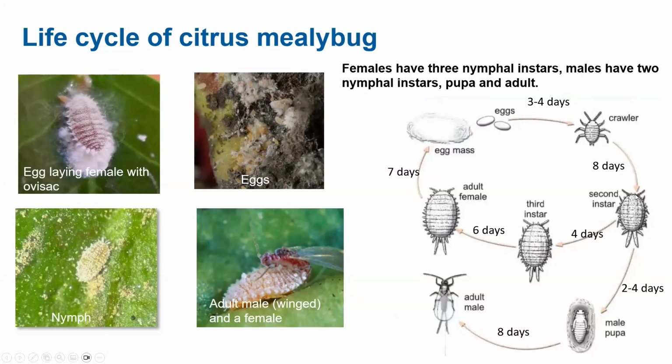Males, on the other hand, after they turn into second instar, make a loose cocoon and go through a short prepupal phase and then pupate and emerge as adults and find a female and mate. It's the third instar that gets mated, and only after that does it become an adult female and start producing eggs. And that whole life cycle can take up to 30-35 days at room temperature.